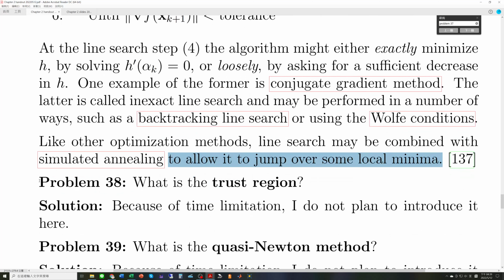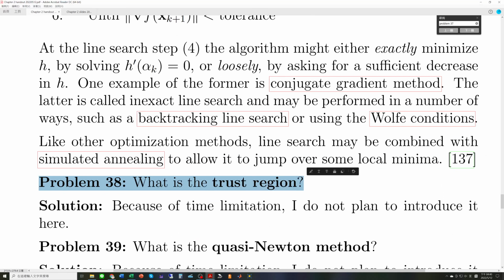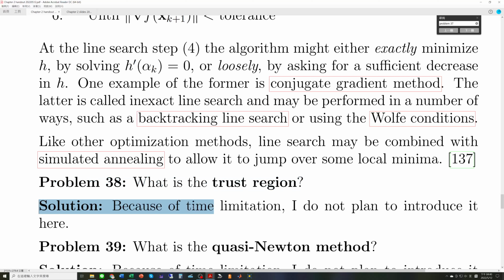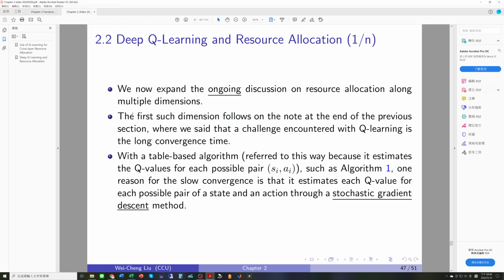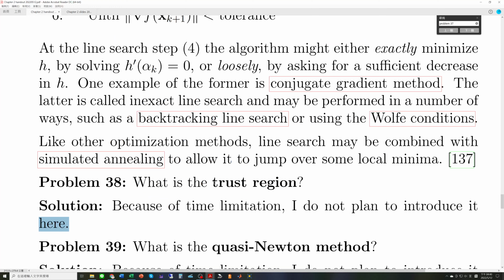So next, let us look at problem 38. What is the trust region? Solution: because of time limitation, I do not plan to introduce it here. If I explain all the proper nouns here, I think we will always stop on page 47 of the slides of chapter 2. So we must move forward.